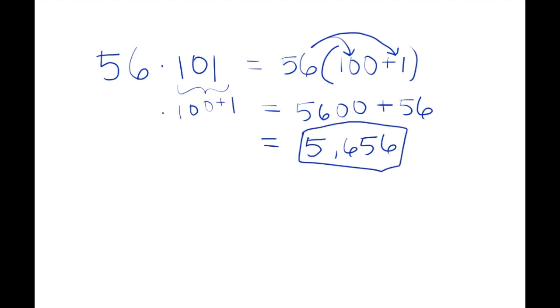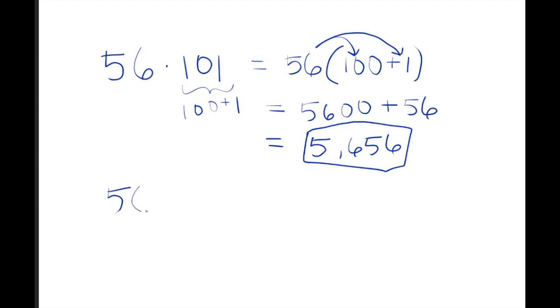So that's kind of the beauty of the distributive property. Let's do one more. What if I wanted to multiply 56 by 99? I could add up to 99. I could do 50 plus 49, but that's not really going to help me. So I can use the same technique I used up here, but instead of adding 1 to 100, I can subtract 1 from 100.